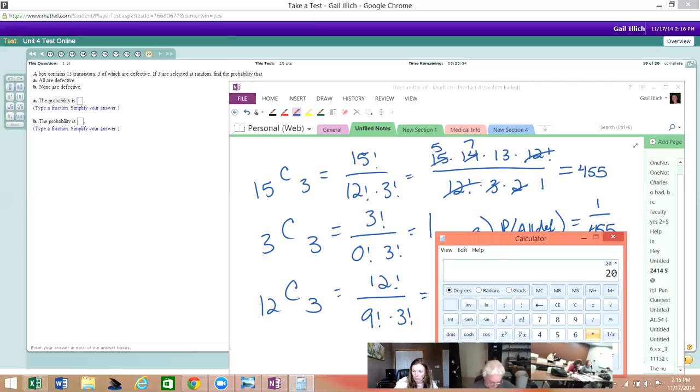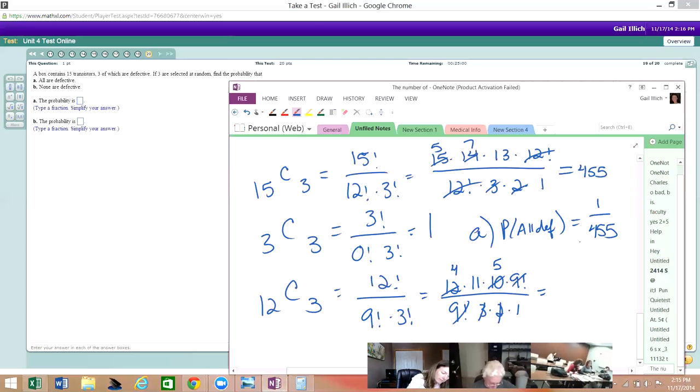20 times 11 is 220, right? Yes. So the probability that none are defective is equal to 220 divided by 455. And you have to reduce that. So you have some options.